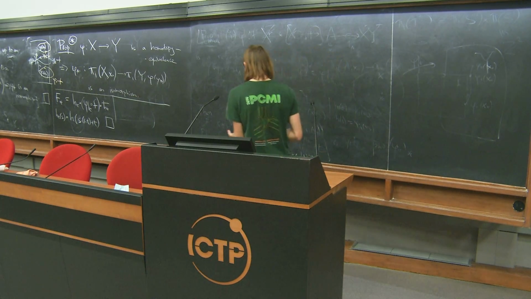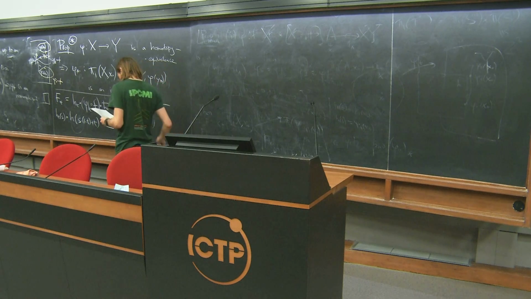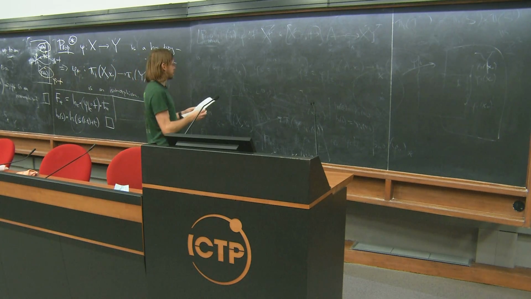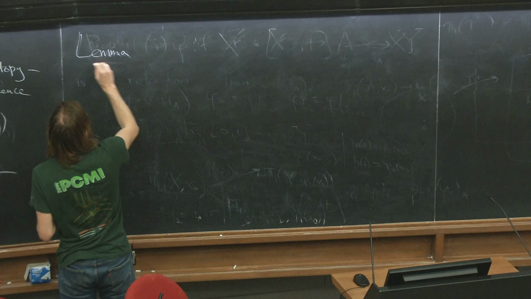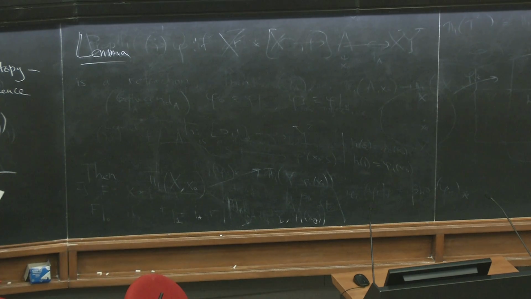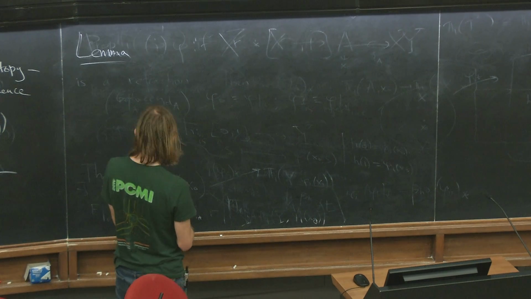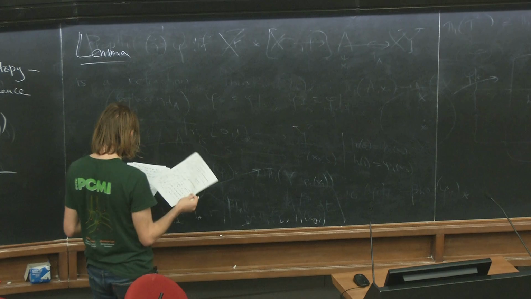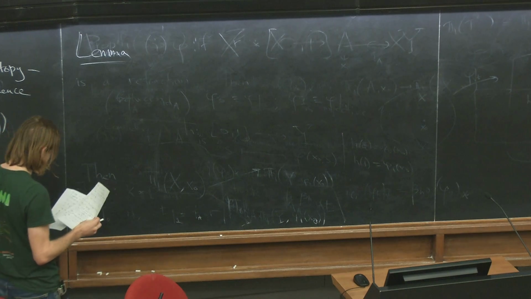Before proving Van Kampen's theorem, which will be quite tedious, we will need to show the following lemma, which already gives us a partial proof of Van Kampen's theorem. I will formulate it, but I will probably not be able to finish the proof today.